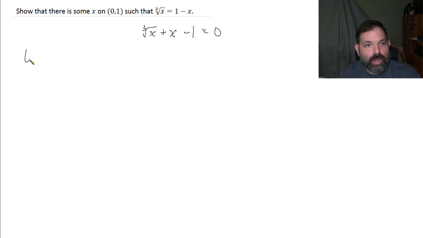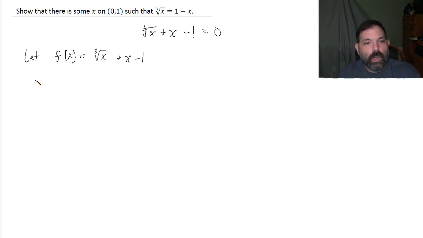First, I'm going to let f of x be equal to the cube root of x plus x minus 1. Now, I know that the cube root of x has domain all reals. I know that x has domain all reals. And negative 1, a constant, of course, has domain all reals.